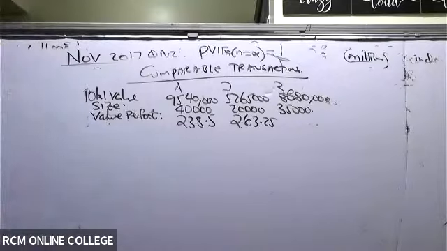Property number 3, 80,000 divided by 35,000.